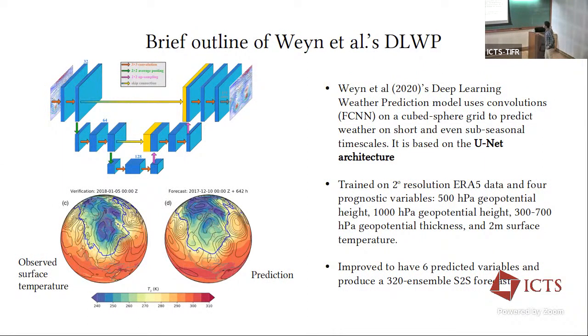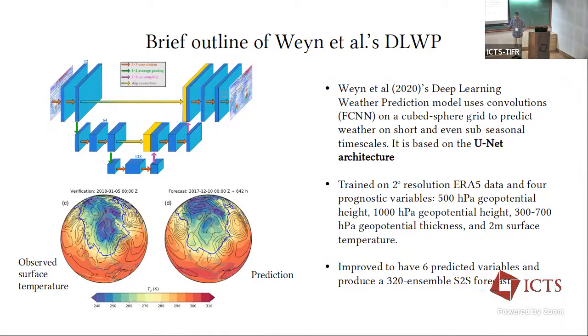And really quickly, if I just show one sample from their paper, this is a forecast. This is the true temperature on 5th January 2018. And then this right here is the forecast obtained by starting the forecast at 10th December.